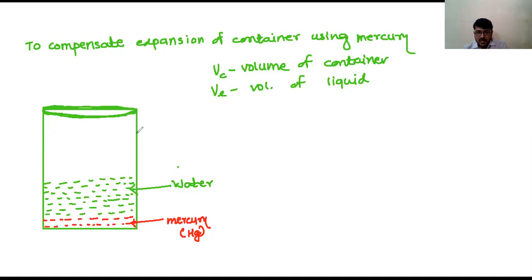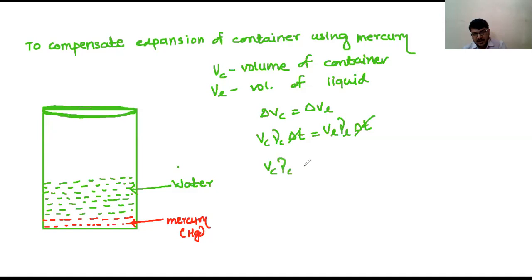As we have seen before, delta Vc should be equal to delta Vl, means the unoccupied volume has to remain constant, or the change in volume of container should be equal to the change in volume of liquid. Then Vc gamma c delta T is equal to Vl gamma L into delta T. This and this will get cancelled. So we get Vc gamma c is equal to Vl gamma L.